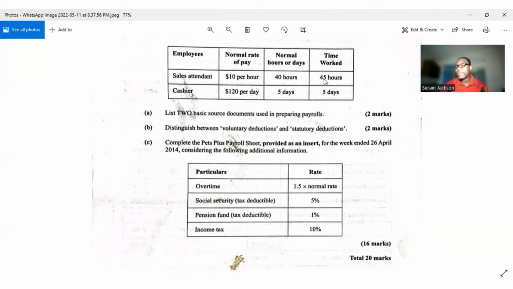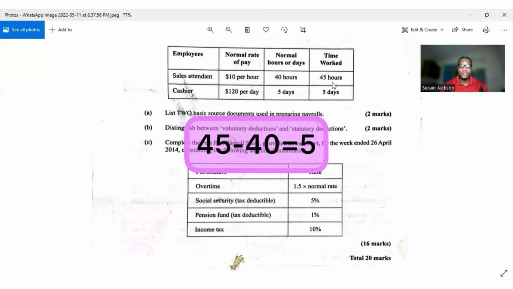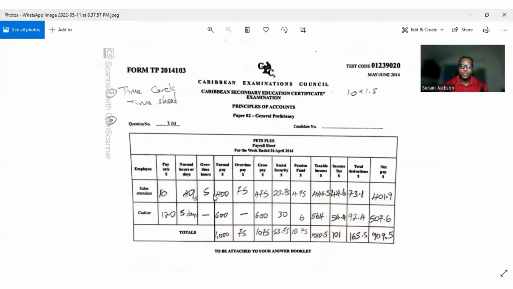You may wonder how I get 5 hours if the normal work hours for the week is 40 hours. The sales attendant is supposed to work 40 hours for the week, but the information says they worked 45 hours. So you simply subtract the 40 from the 45 and you get 5. So the overtime hours worked by the sales attendant is 5 hours.